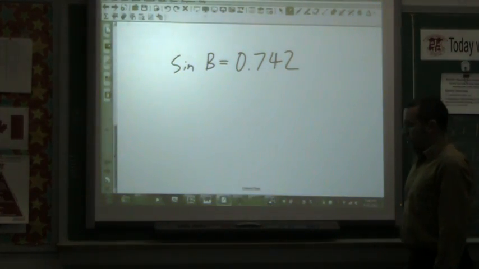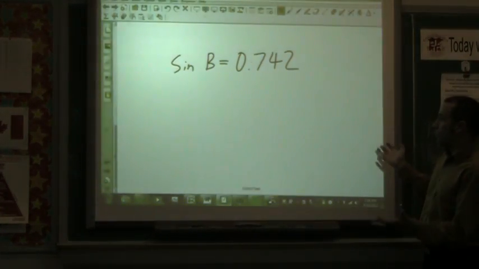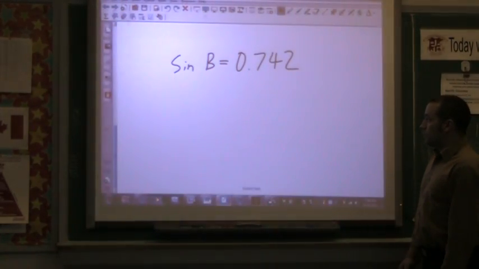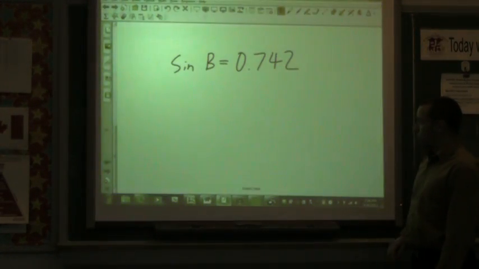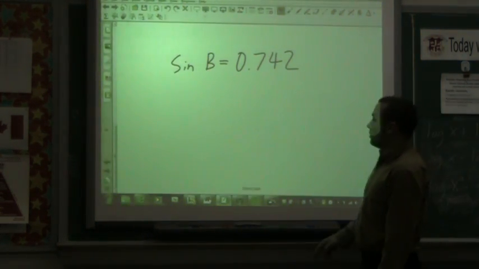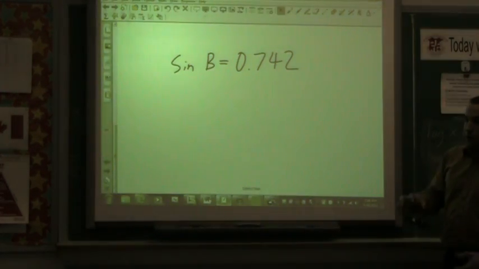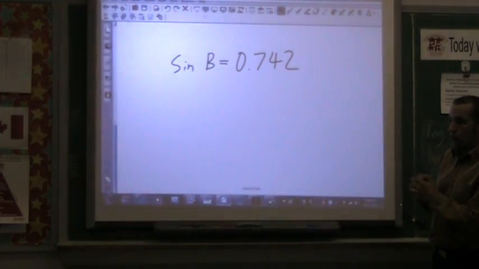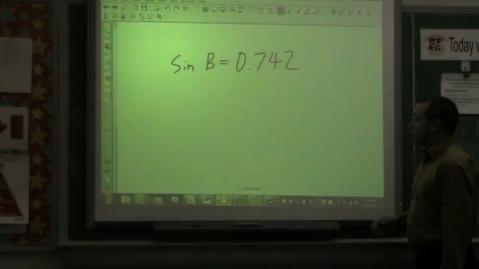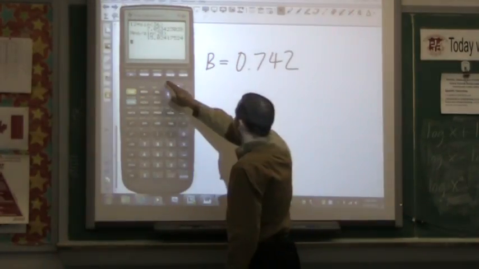The very first time you do one of these calculations, you solve for it and say there's sine B, and you say, well, that angle's way too small. That doesn't seem to make sense. Well, what you have is not angle B, but the sine of angle B. And I don't want the sine of angle B, I want the actual angle B.